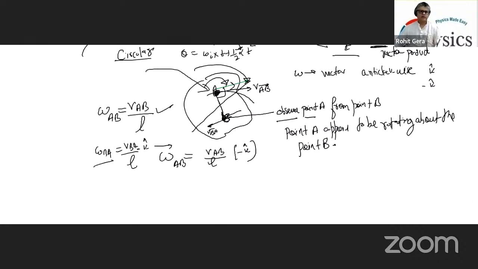We took two points on a rigid body, studied their angular velocities, and found that the angular velocities of any two points on the rigid body are identical. They are not different at all.